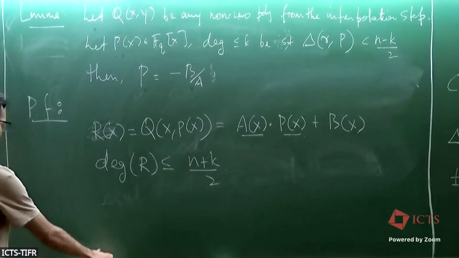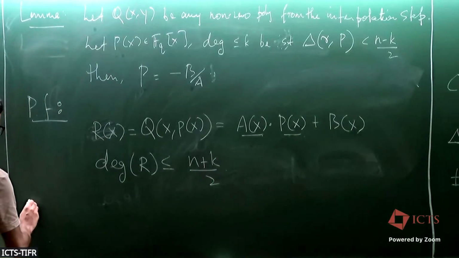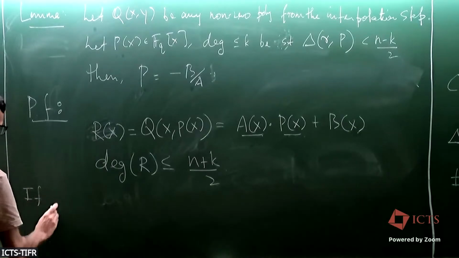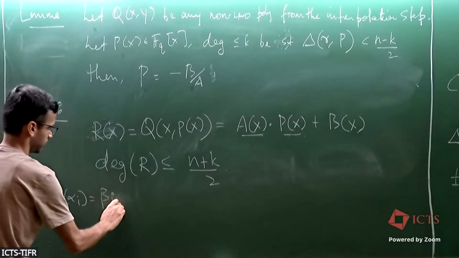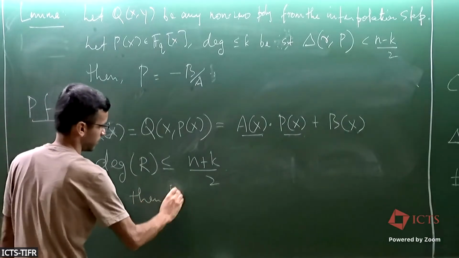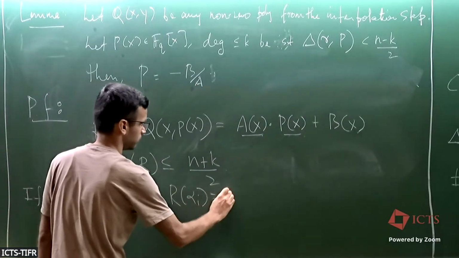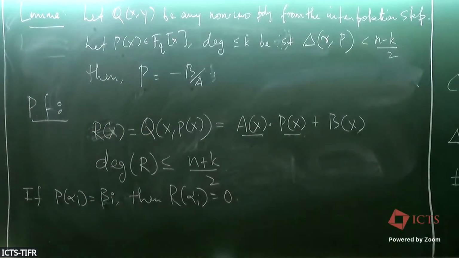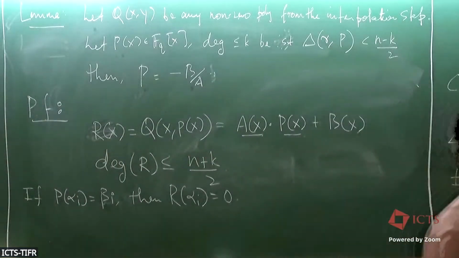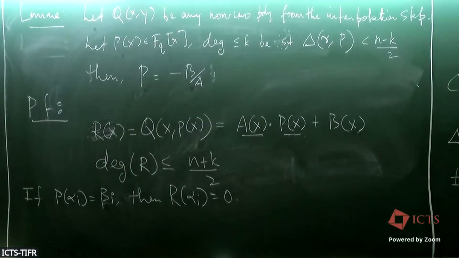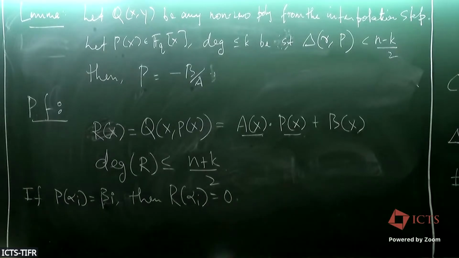Okay, so here's the key observation. If P of alpha i equals beta i, then R of alpha i is 0. We said, I mean, finding Q: every constraint here is like writing a homogeneous linear constraint.